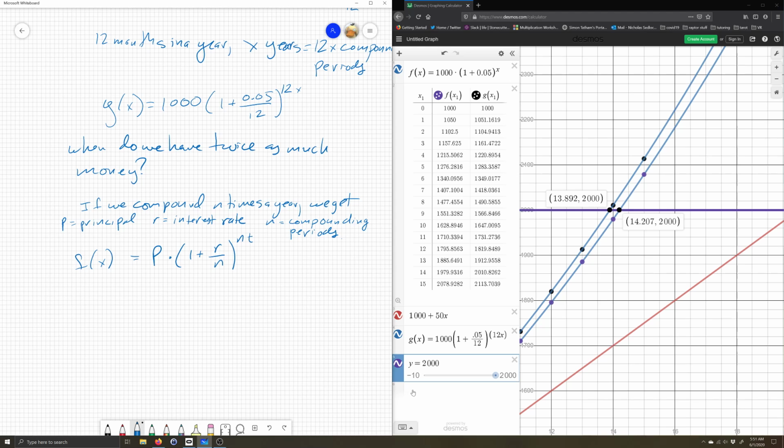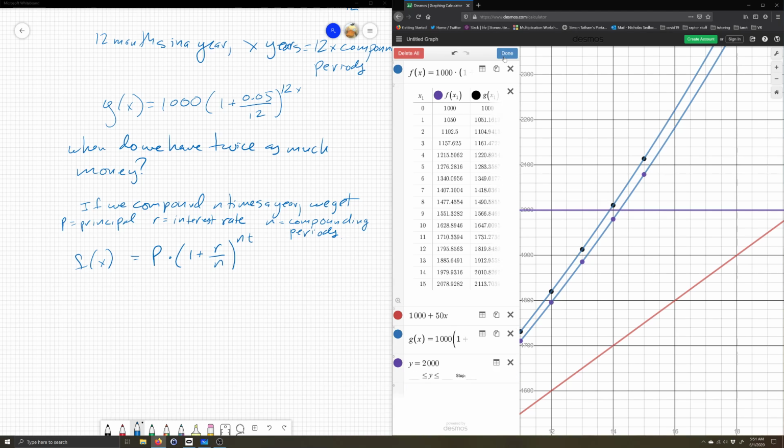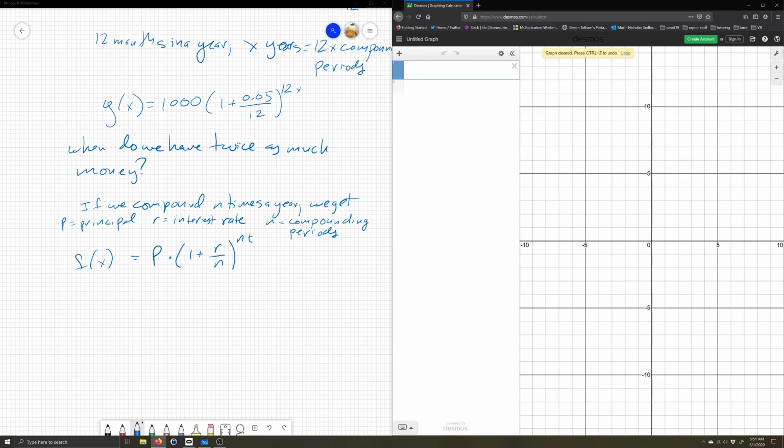So just to, let's delete all this. Let's say y is 1,000 times 1 plus 0.25 divided by n to the x. I'm going to add a slider.